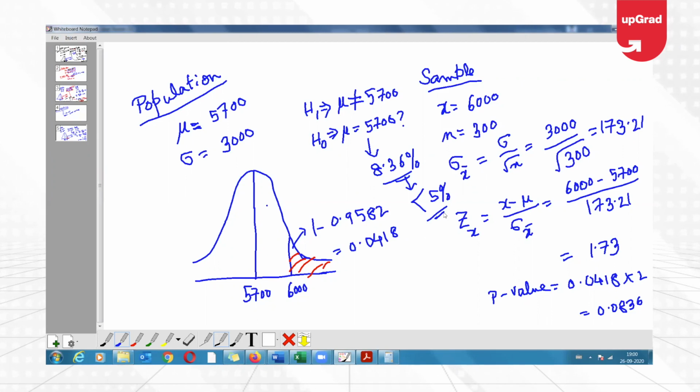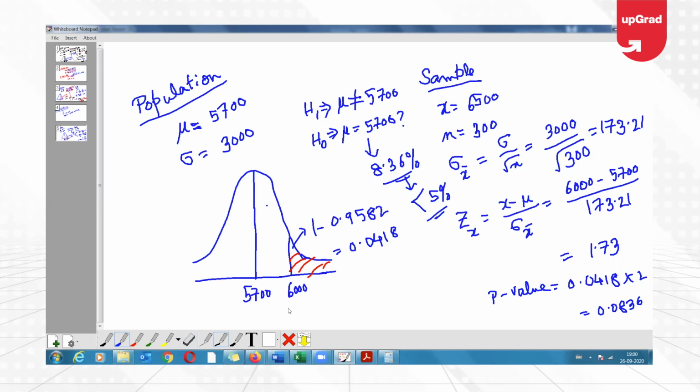So let's try to just make some changes and try to see if I can make it reject. At what value? So ideally this has to be greater than 1.96. So if I have to increase the z-score, I can probably increase this value by a bit. See if I make this 6,500.